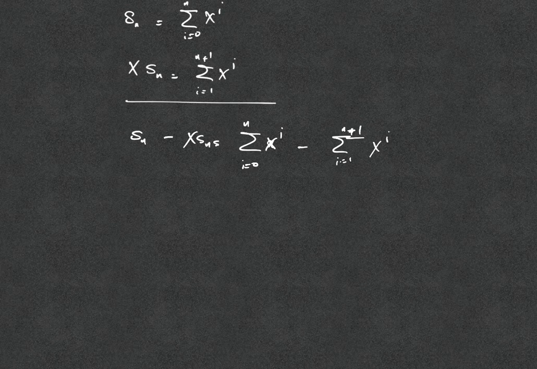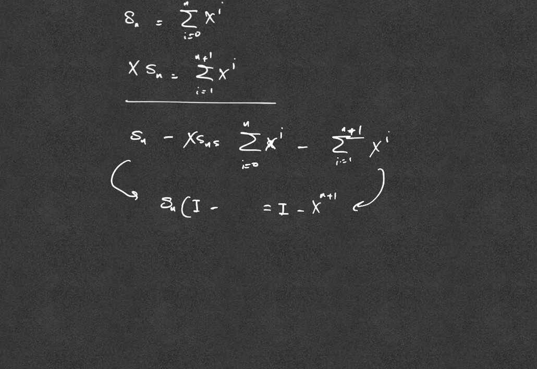Looking at these values, you basically have I minus X^(n+1) being that side of the equation, and on this side of the equation, you have S_n times (I minus X).